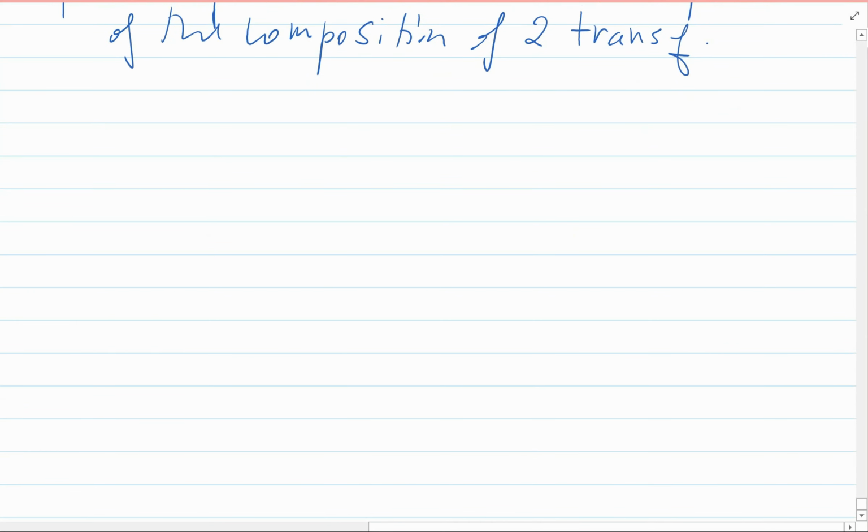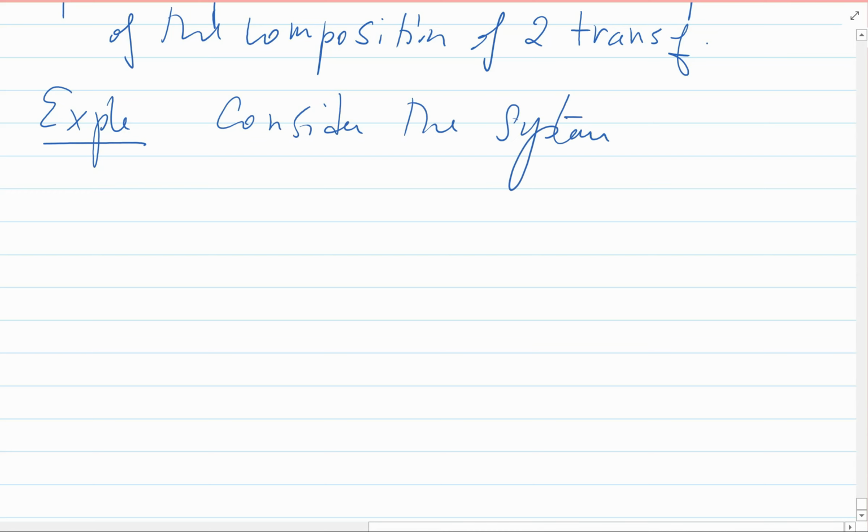So, as I said, let us start with an example. Let us take a linear system with two equations and three unknowns. The unknowns, we'll call them x, y, z. It's just an example.